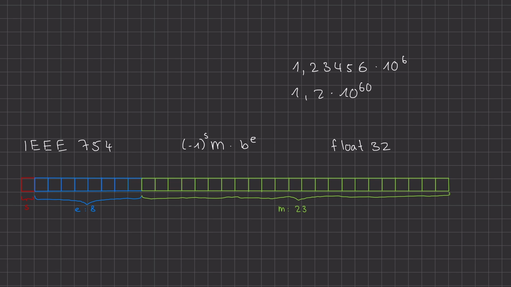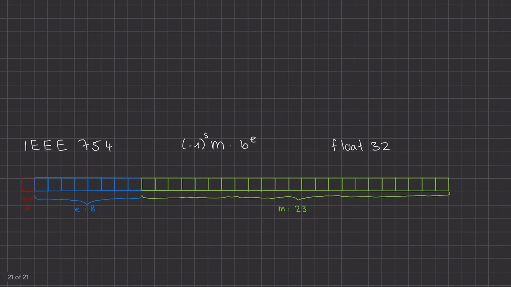We usually don't work with such large numbers, and if we do work with such large numbers, it's also important to consider more digits after or before. So this format is usually seen as more useful. But of course, it also depends on the specific use case. And for this reason, we do have different standards. But again, this is the specific distribution of bits, and this is a more common standard for floating point numbers.